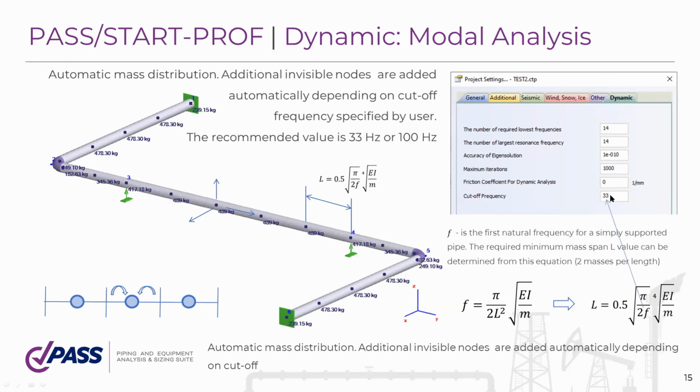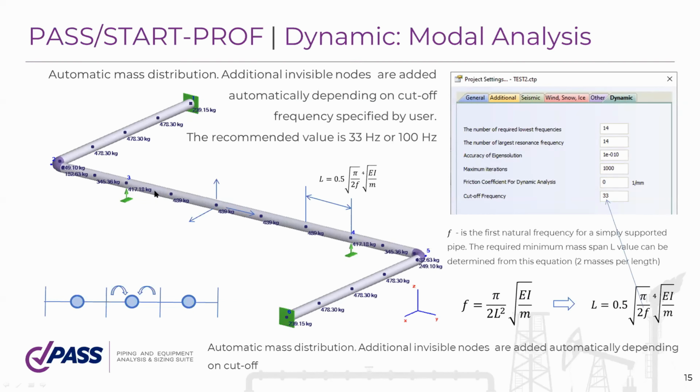For example, here I specify 33 Hertz. This means that all frequencies under 33 Hertz will be calculated almost accurately, but frequencies greater than 33 Hertz will not be so accurate. If you need, for example, frequencies up to 100 Hertz, you need to specify a cutoff frequency of 100 Hertz.